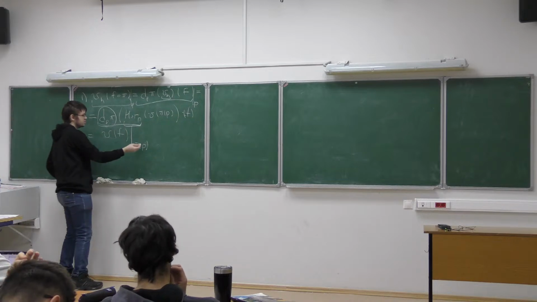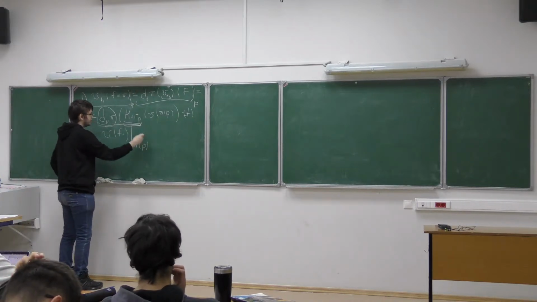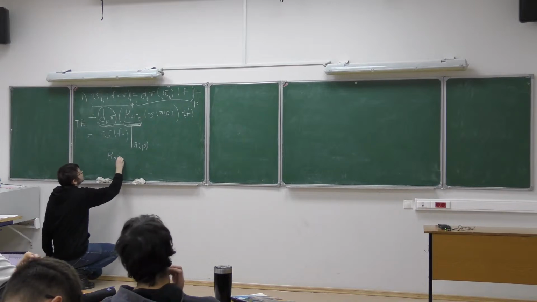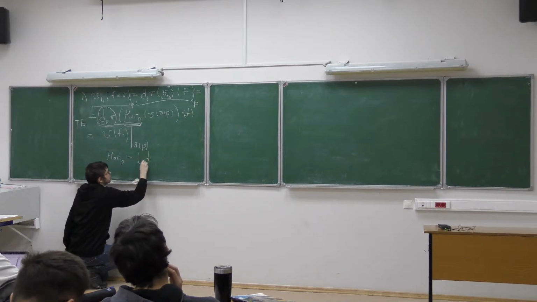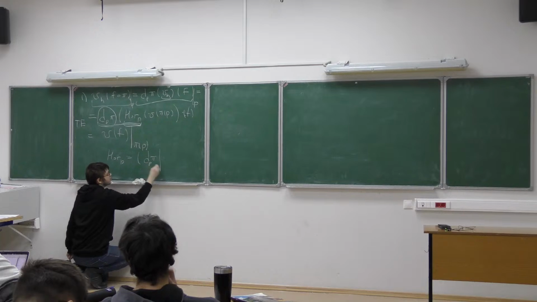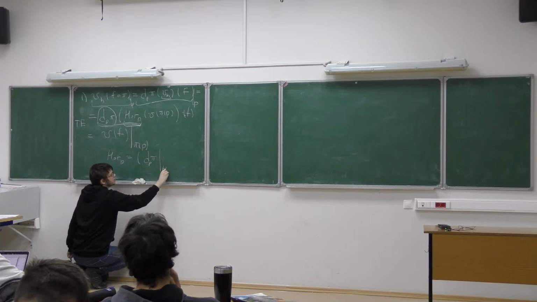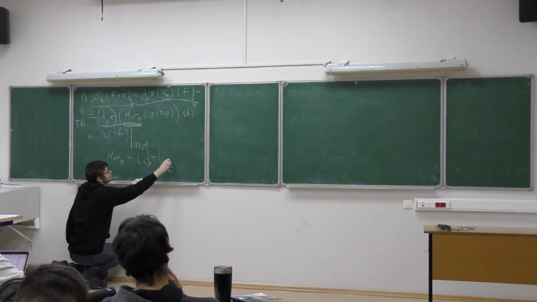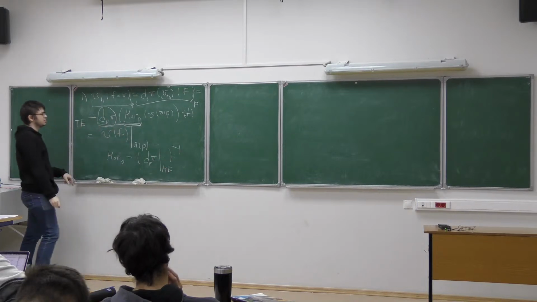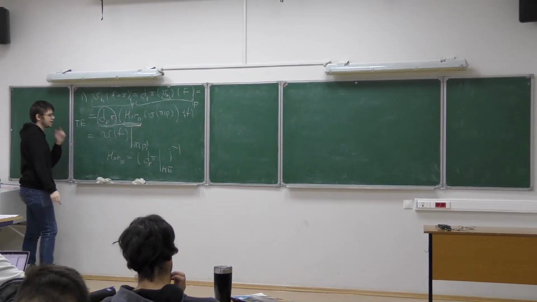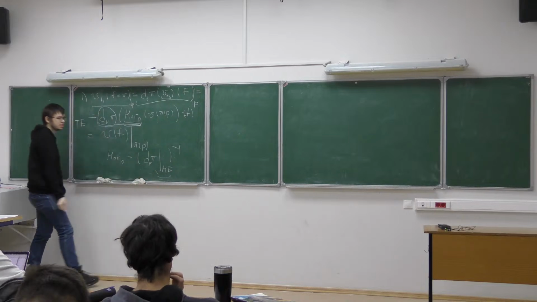Our definition was this. P is when π is in T. So this is just the identity on horizontal.